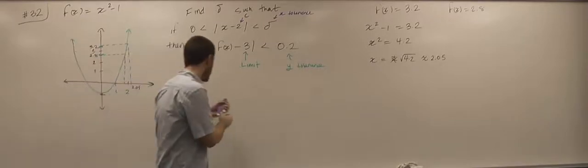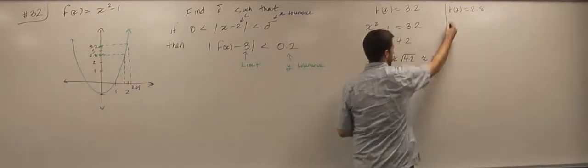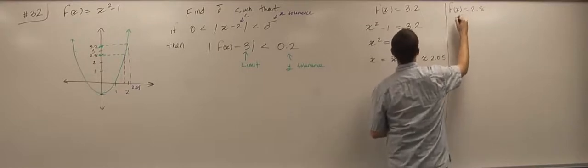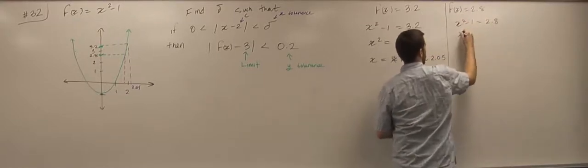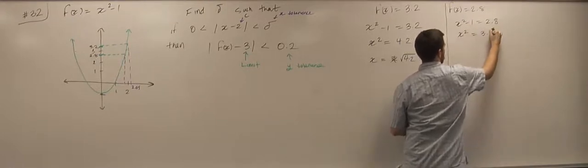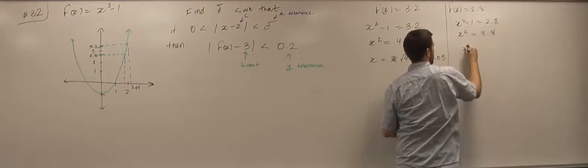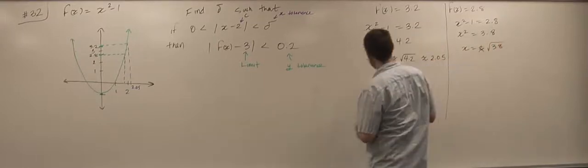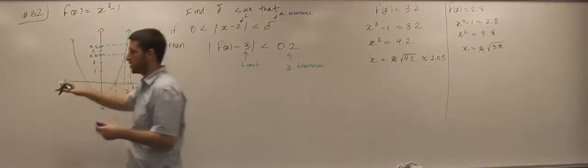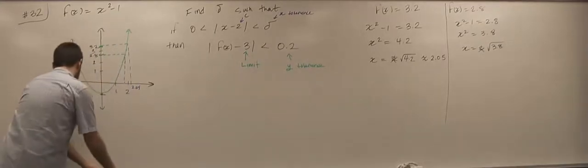And then to get the other one, I have to solve this equation. So plug in f of x, add 1 to both sides, square root. Again, the negative solution is not useful because I don't care about the left side of my graph.